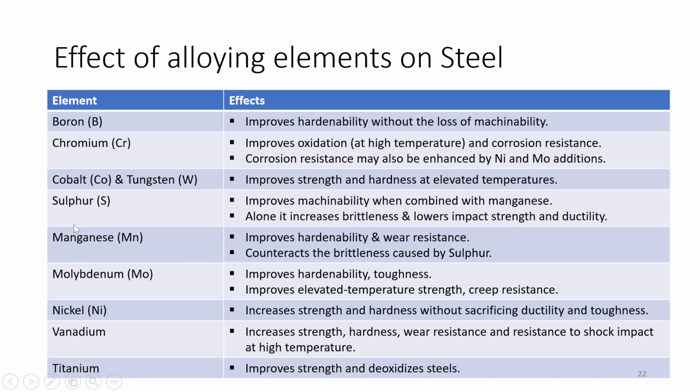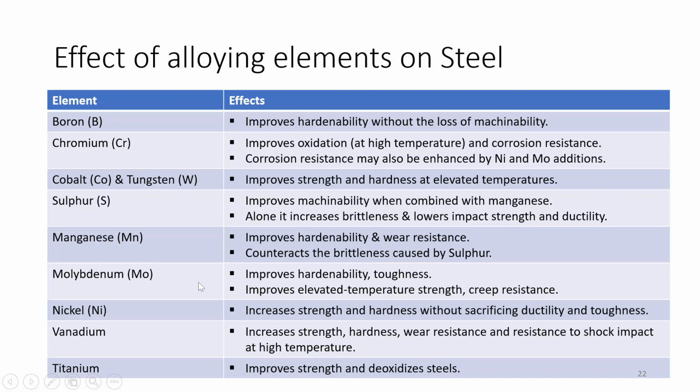Those are the steels where they exchange nickel with manganese. So though it is stainless steel, it won't provide that much oxidation resistance. Manganese also improves wear resistance, and it counteracts the brittleness caused by sulfur. It interacts with sulfur and takes care of it, so it doesn't let the steel become brittle.